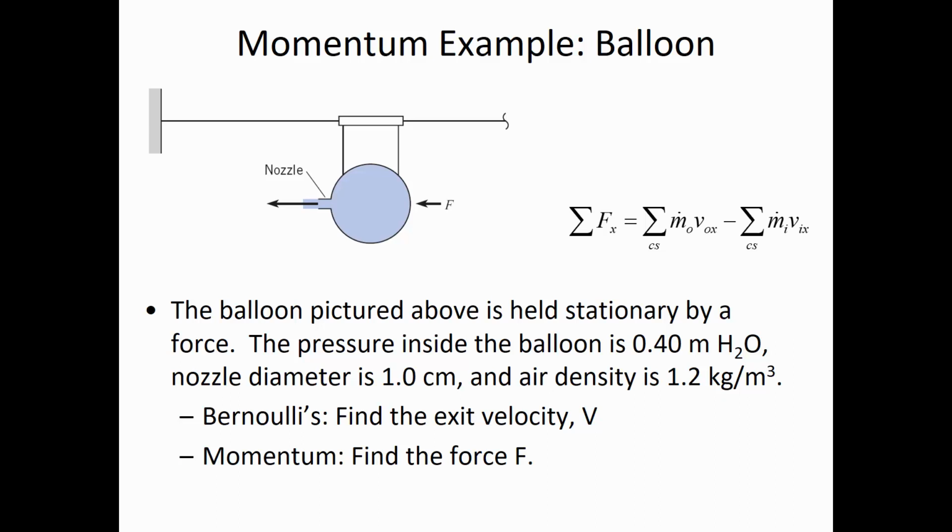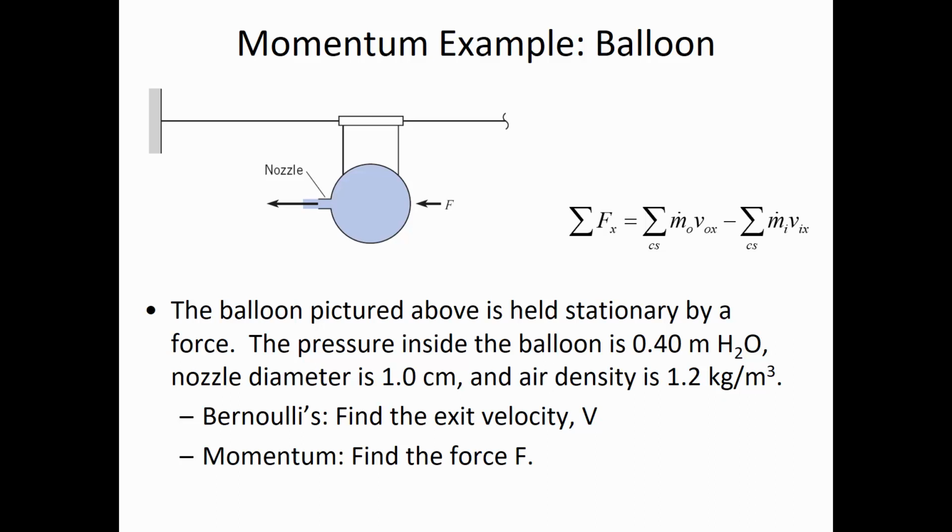Excuse me, what's that? 0.4 times 9.8 kilonewtons. Exactly right. That's how you'd find the pressure. So they're saying the pressure inside the balloon is the same pressure that you'd see at a depth of 0.4 meters of water. So sometimes we use a depth of water as an equivalent pressure.